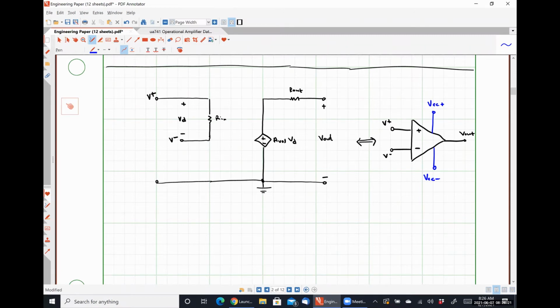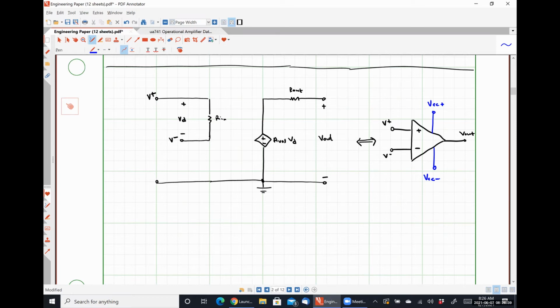Now, our practical op-amp model does not contain in any way, shape, or form our power supply voltages. And that is one of the fundamental drawbacks of this model, but our ideal model that we used in circuits 1 didn't either.